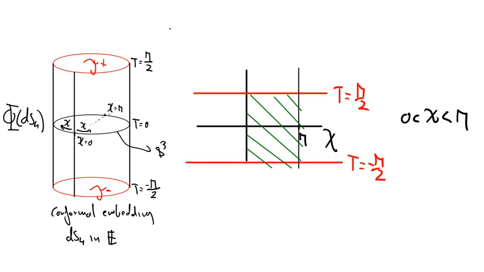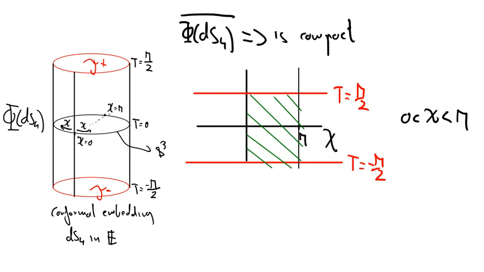And again, you see here that the closure of the image is compact. So this is indeed a conformal compactification. And I have drawn in red the conformal boundary, and in this case, it's just two sets, which are future null infinity and past null infinity.